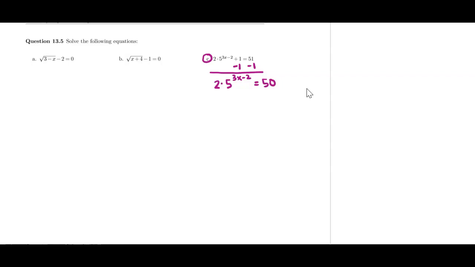So we want to get the 5 to this power by itself so that I'd be able to solve for that exponent. So Casey's saying divide by 2.